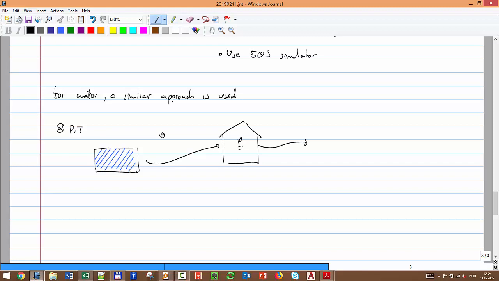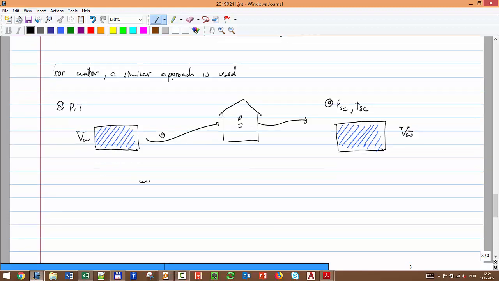And then we go to standard conditions, and we get some other volume. Then we say this volume of water at reservoir conditions and this volume of water at standard conditions, and I can define the water volume factor, BW, and that will be BW divided by BW.